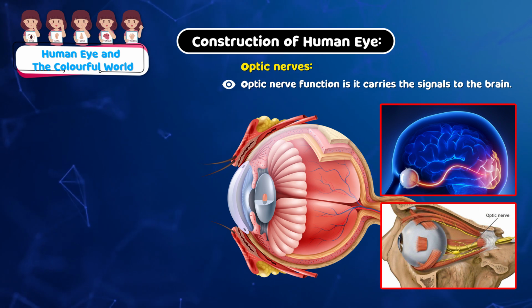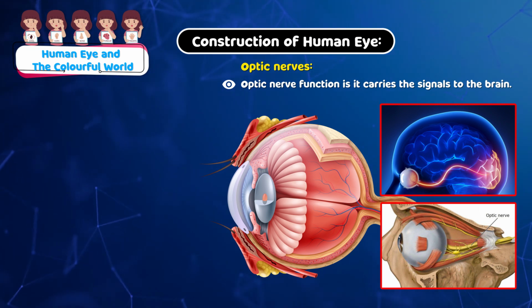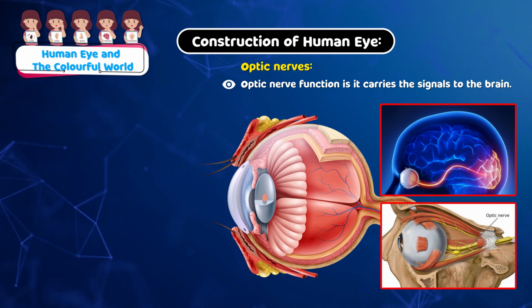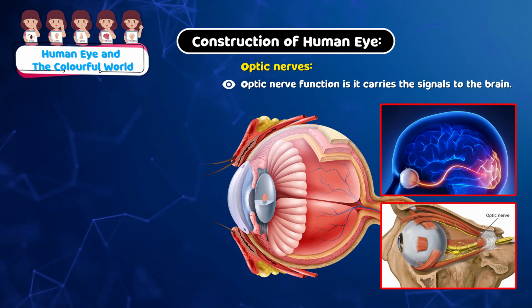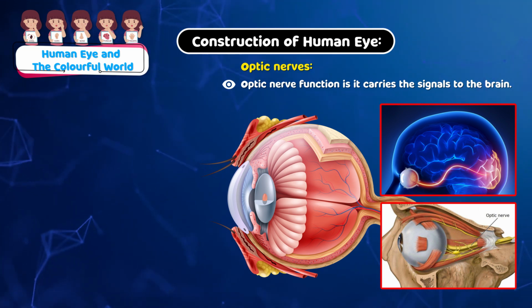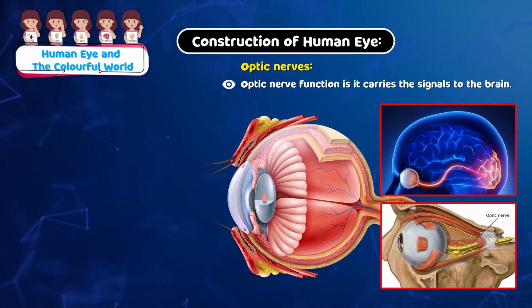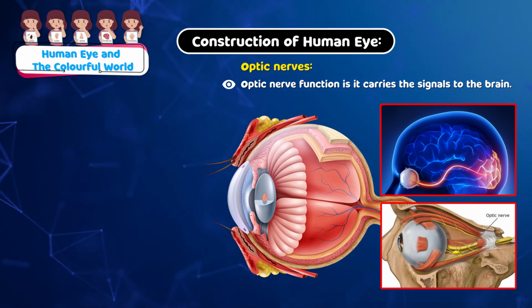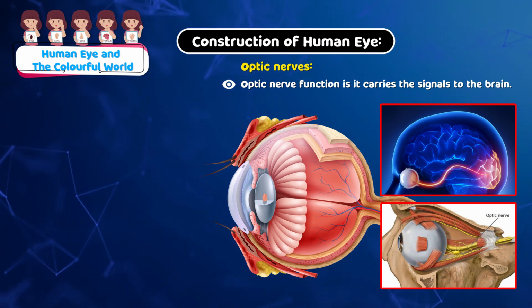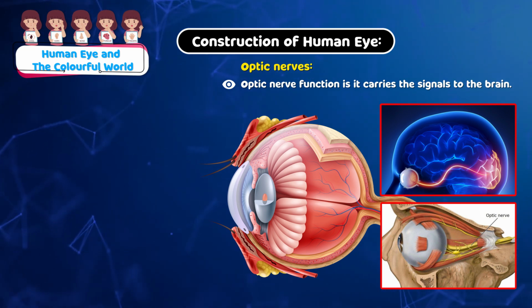And here is one more point you need to remember: at the junction of the optic nerve and retina, there is no presence of sensory cells. The sensory cells I mentioned are present in the retina, but at the junction where the retina meets the optic nerve, there are no such sensory cells.